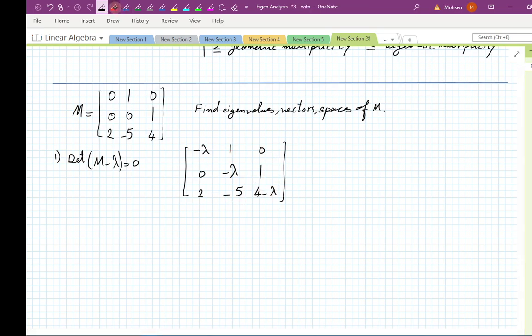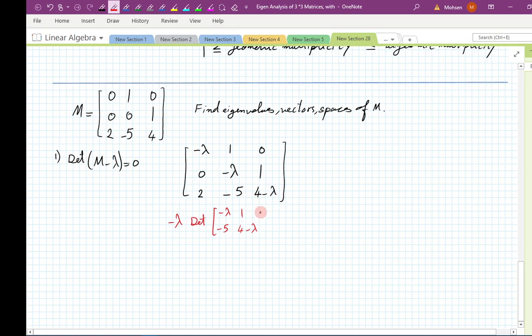So perhaps I do expansion on the first row, so I'll have minus lambda times the determinant of whatever is left, the determinant of minus lambda, 1, minus 5, 4 minus lambda. The next number, you remember we have to associate this thing with a checkerboard sign.